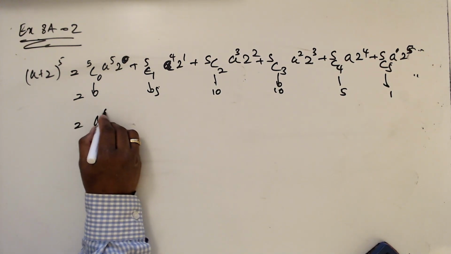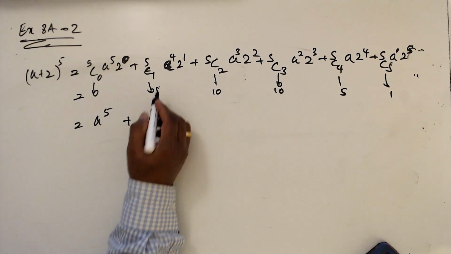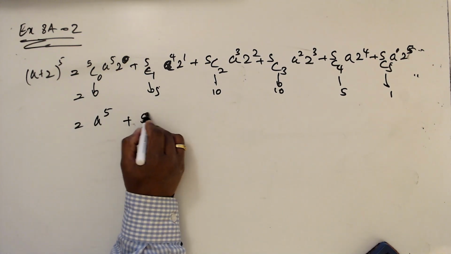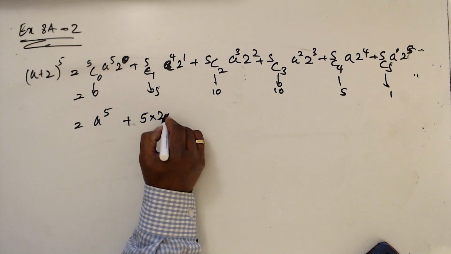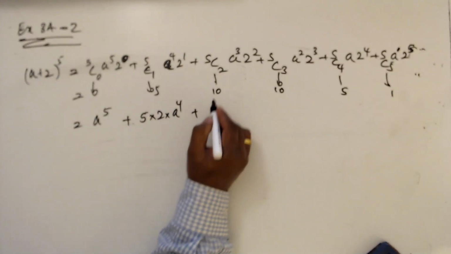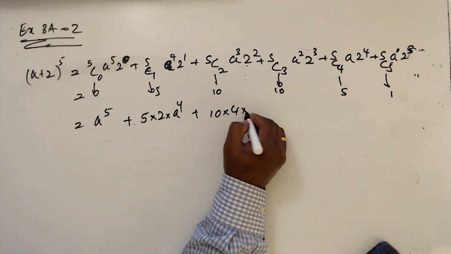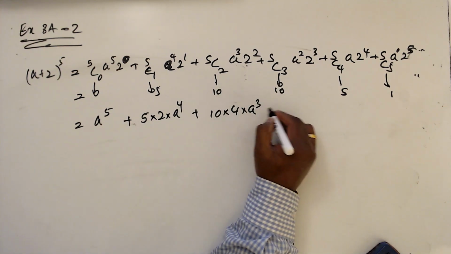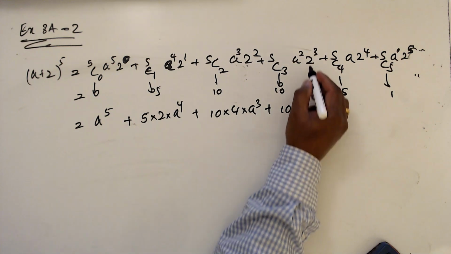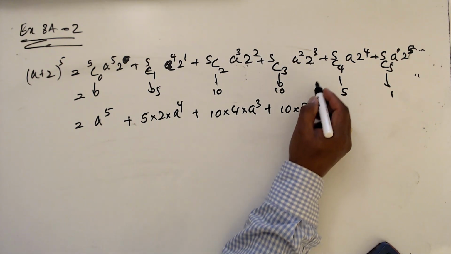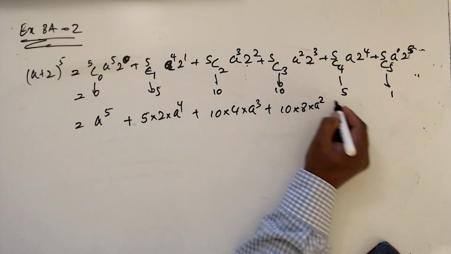So this is going to be 1 times a^5. Then this is 5 times 2 times a^4. This is 10 times 2 square, 4, times a cube, and this is 10 times 2 to the power 3, 8, times a square.